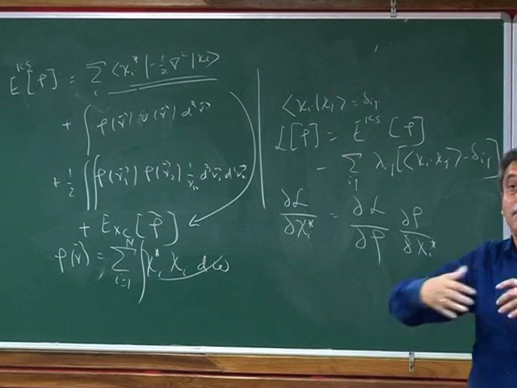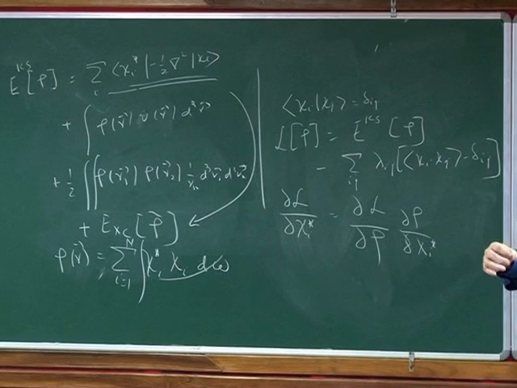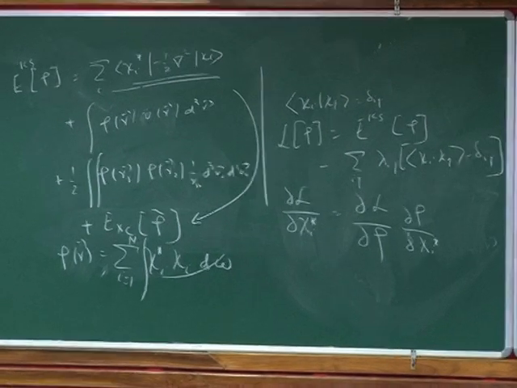But you see, look at how the problem has been reduced to the Kohn-Sham approach. After Kohn and Sham, the 1965 paper, DFT has become practicable because the Hartree-Fock technology was already available.